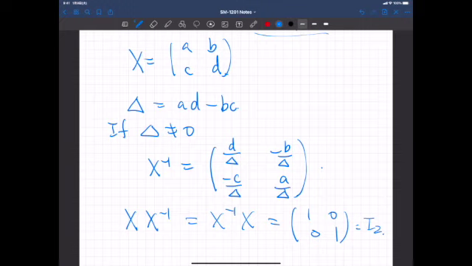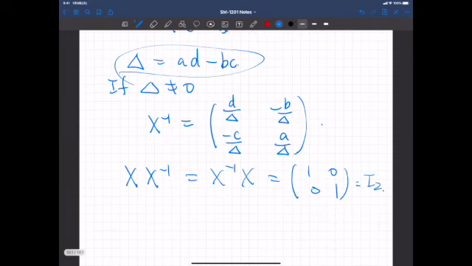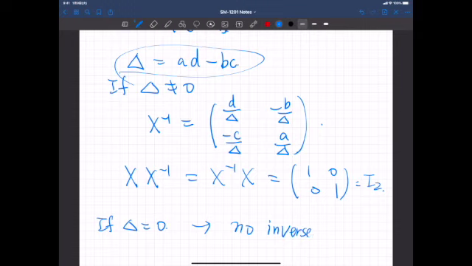You should just compute the matrix product. And if this delta is equal to 0, then there is no inverse.